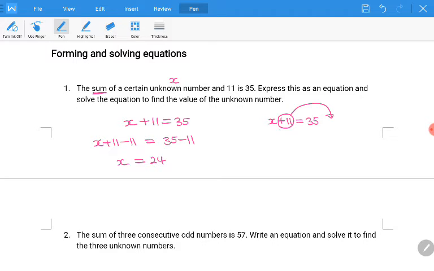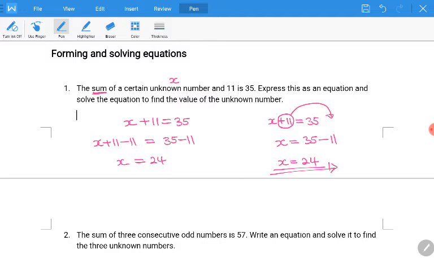So x plus 11 will become x is equal to 35 minus 11. On the left hand side it was positive, and on the right hand side it's going to be negative. So here x is equal to 24.